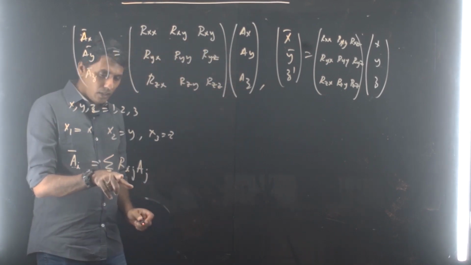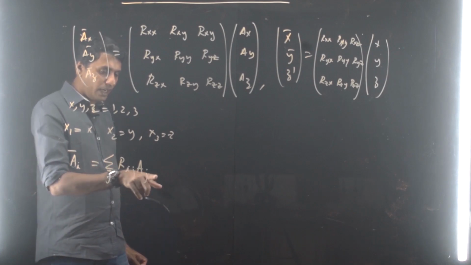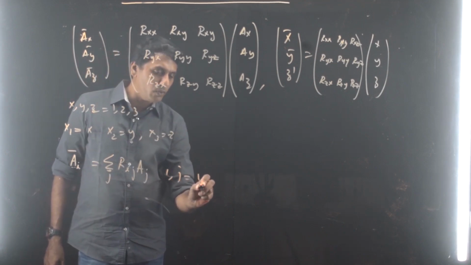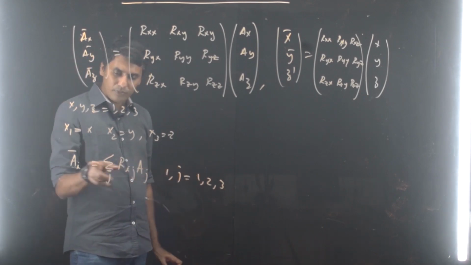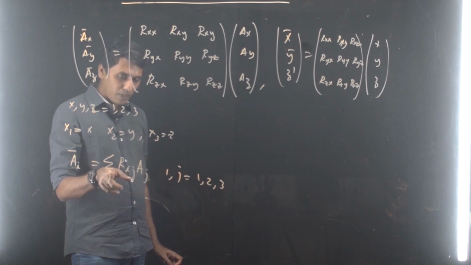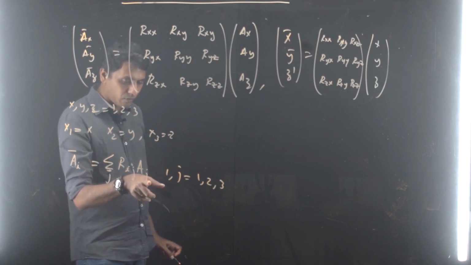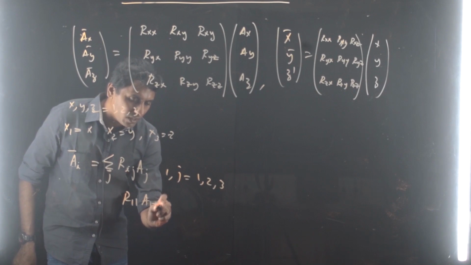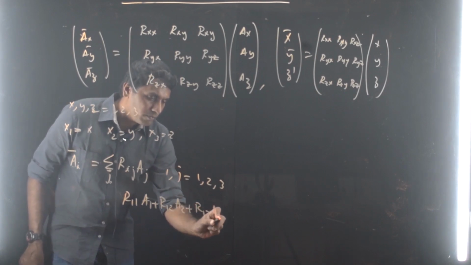When i equals 1, that is summation over j of r 1 j a j, where j runs from 1 to 3, so it is r 1 1 a1 plus r 1 2 a2 plus r 1 3 a3.